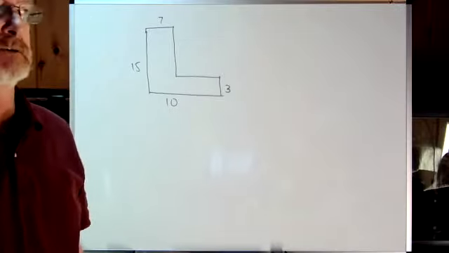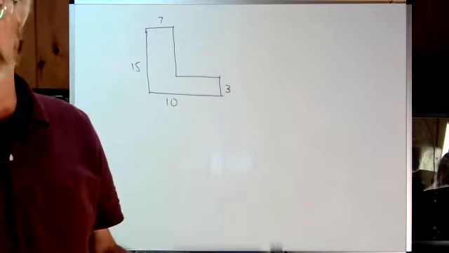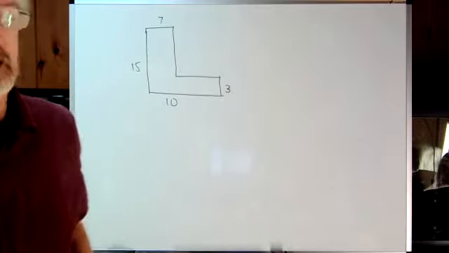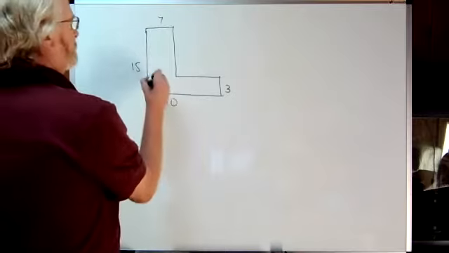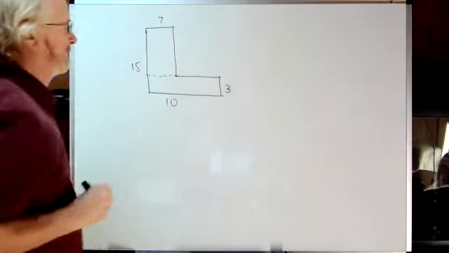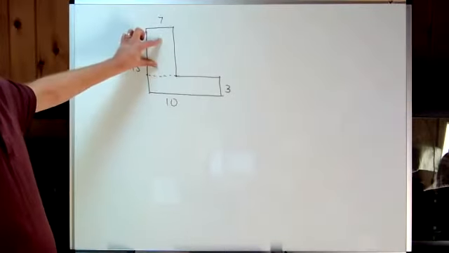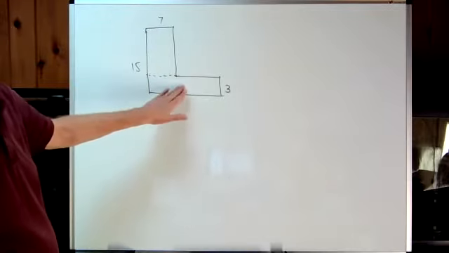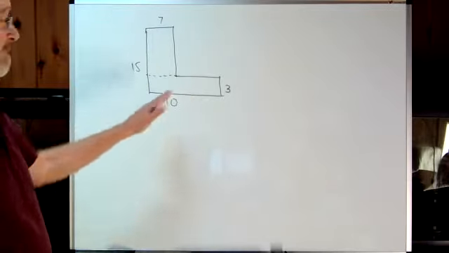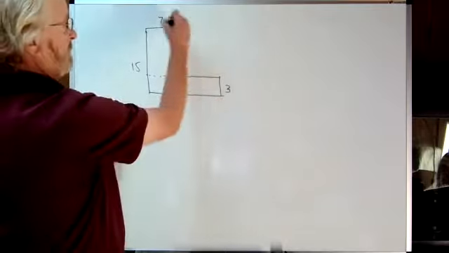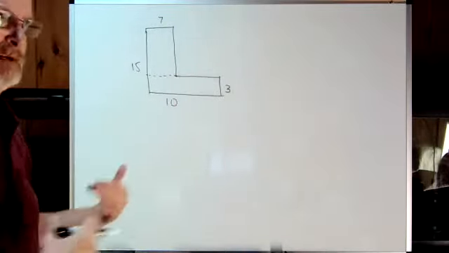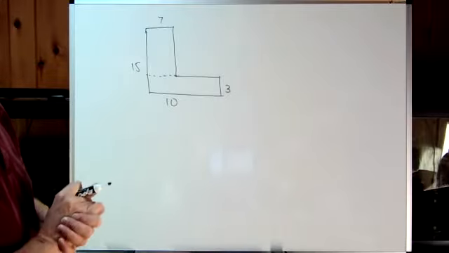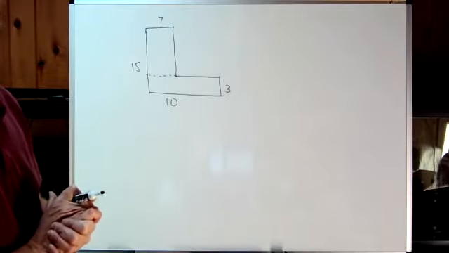Well, here you've got to break it into a couple different parts and find them separately. I could do that one rectangle and figure out that one, and do this rectangle and figure out that one. Another possibility was to think of it as one big one and subtract that piece over there that's cut out. But you have to problem solve and figure out how best to get what you're after.